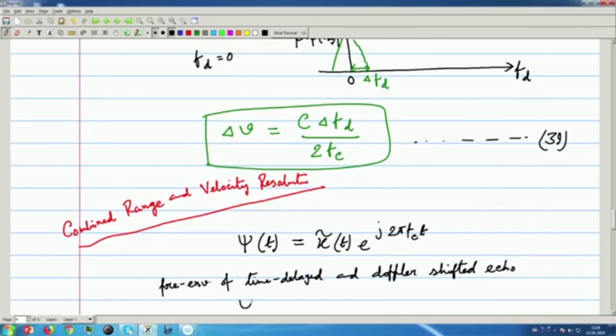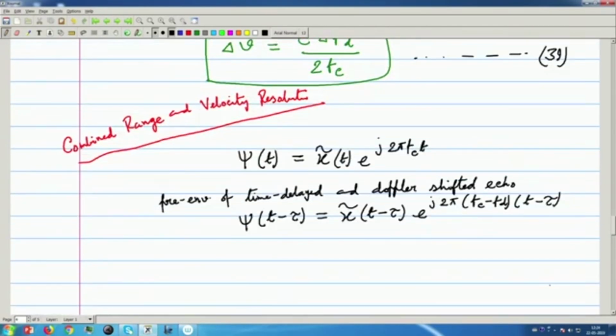So that will be psi t minus tau, that is x t minus tau e to the power j 2 pi f c minus f d and t minus tau, as simple as this.